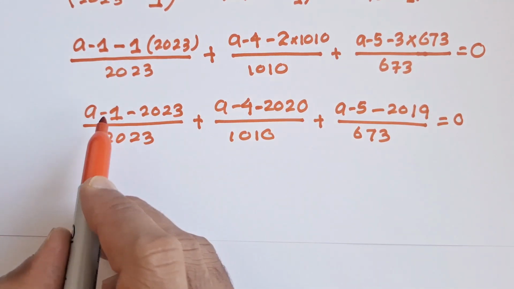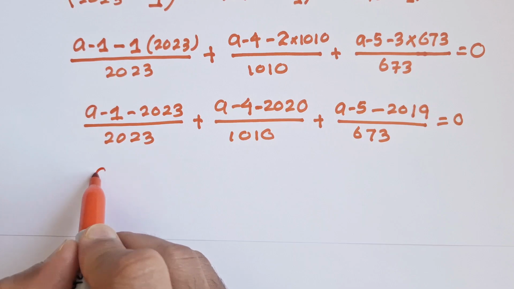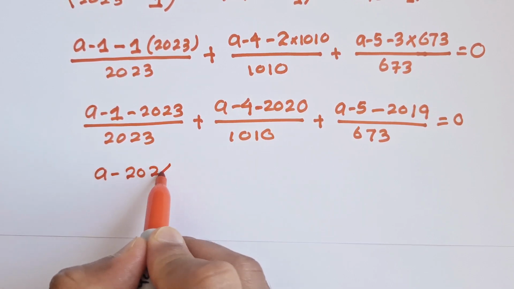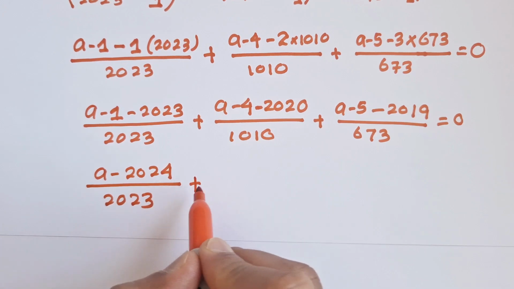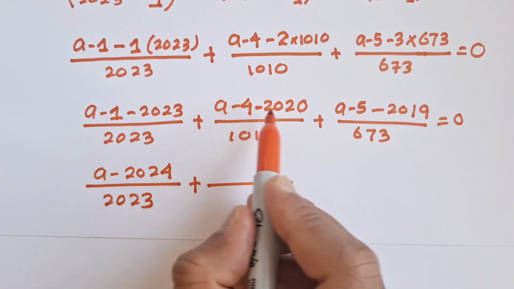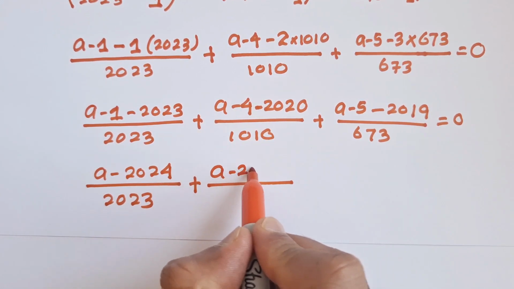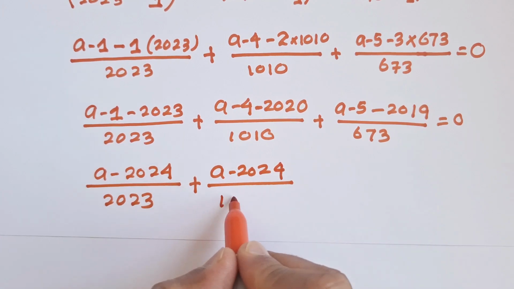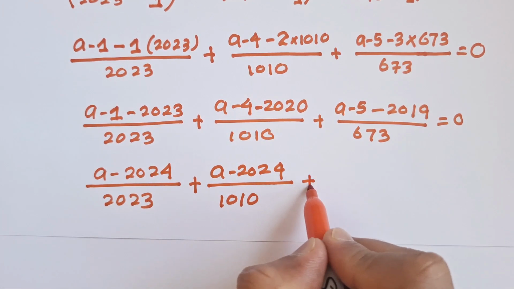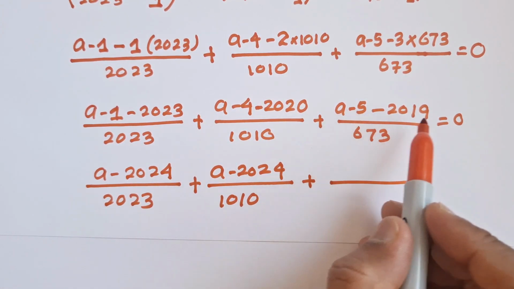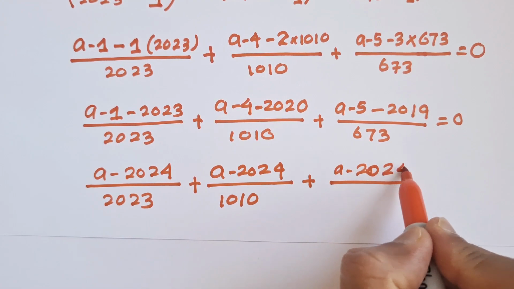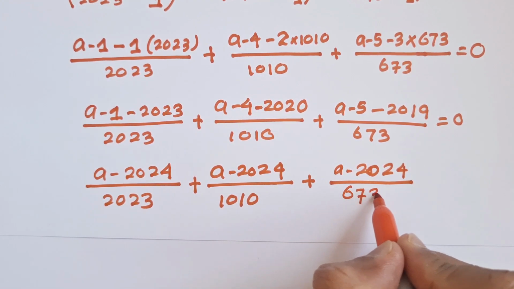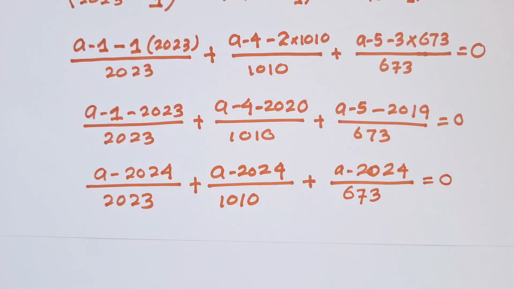Now in the first fraction, in the numerator, we have a minus 1 minus 2023, which is equal to a minus 2024, divided by 2023. Here a minus 4 minus 2020 is a minus 2024 divided by 1010. Here a minus 5 minus 2019 is equal to a minus 2024 divided by 673, equal to 0.